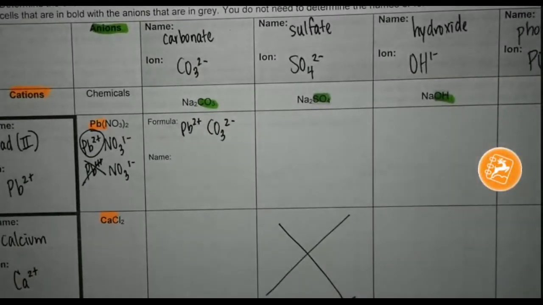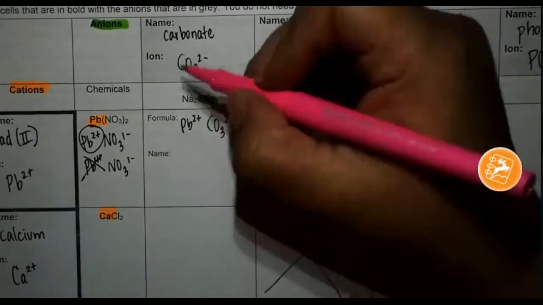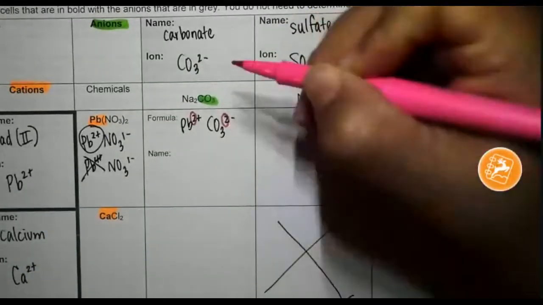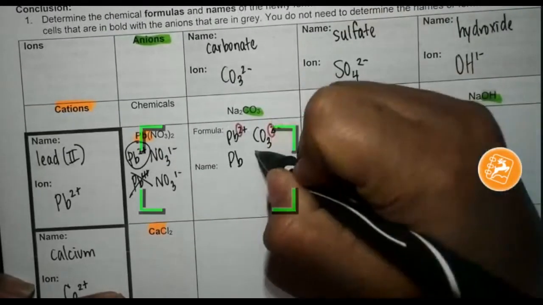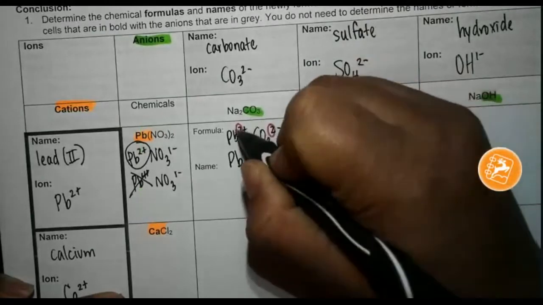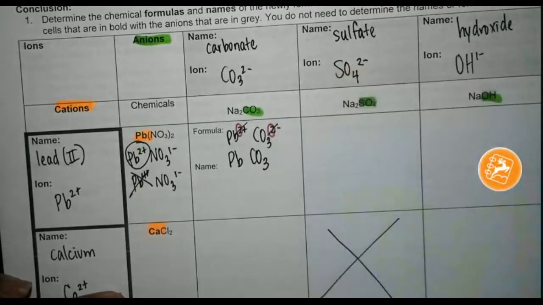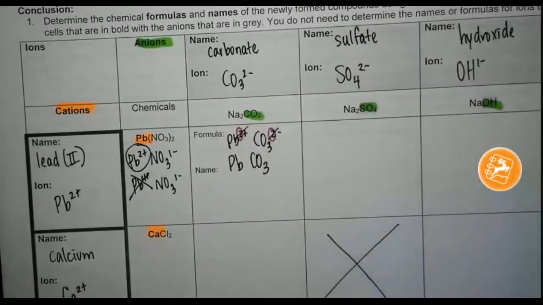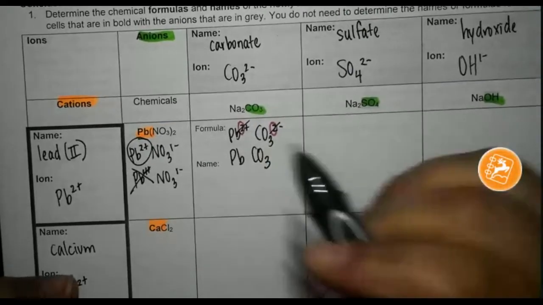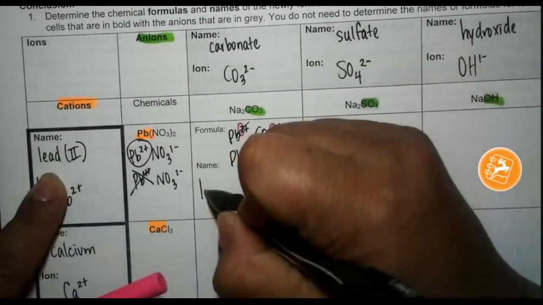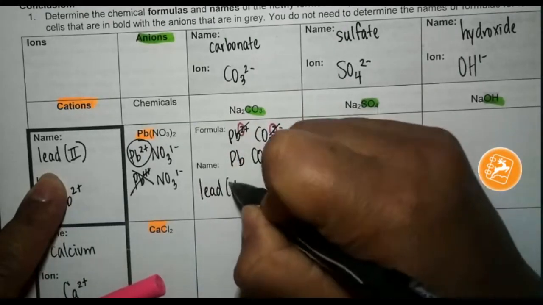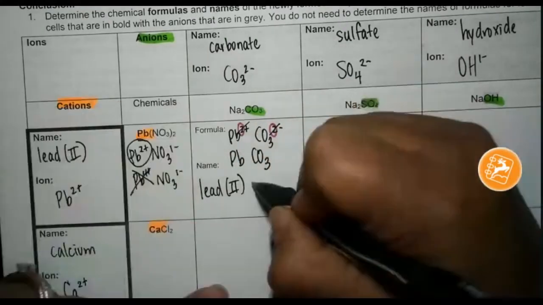Now I'm going to highlight the charge, the numeric part, and rewrite everything. Pb, leave a little space, CO3. 2 plus, 2 minus, cancel. I cannot cross the 2's because then they wouldn't be in lowest terms. The name would be the name over here first, because the cation goes first, lead, Roman numeral 2. This name here is carbonate.